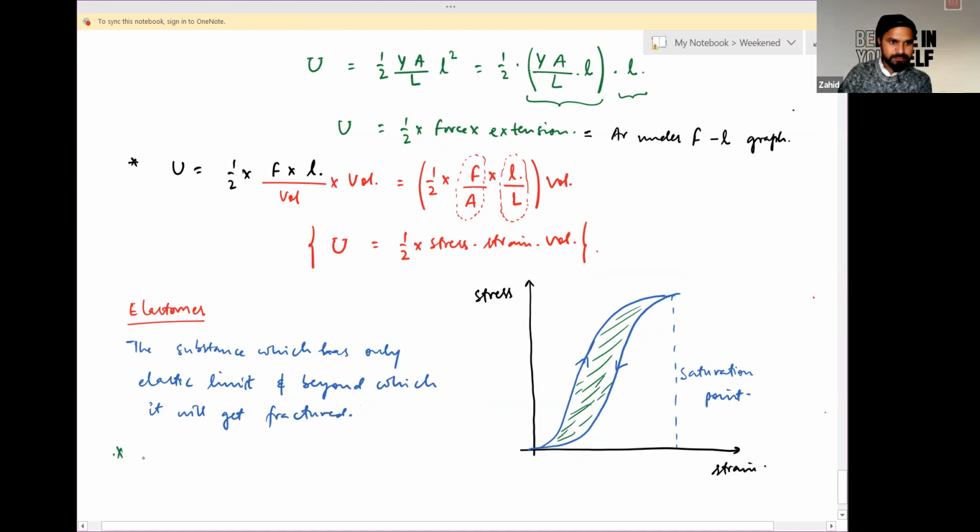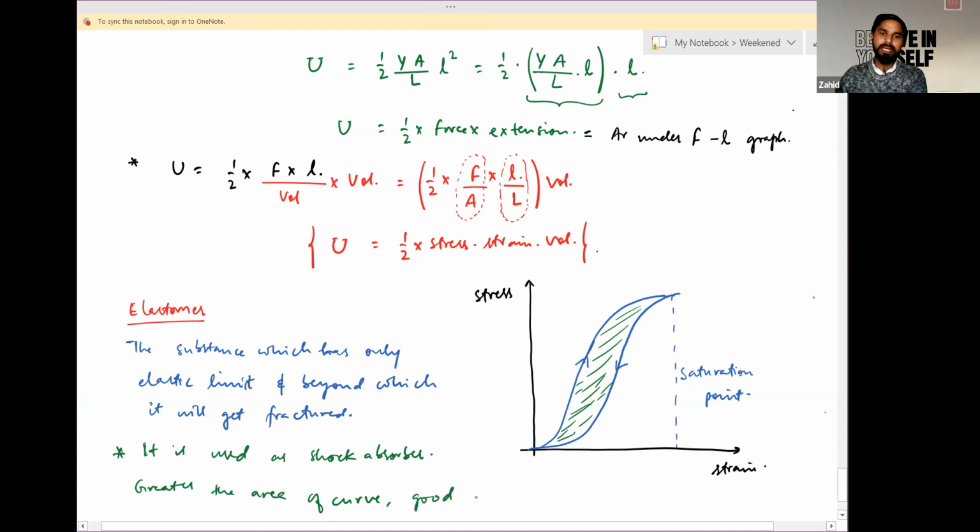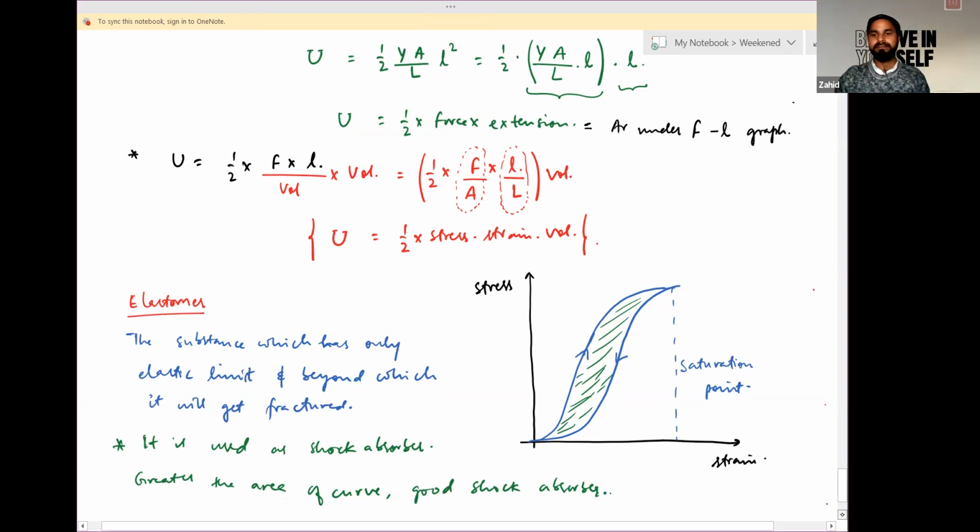So it is used as a shock absorber, and the greater the area of the curve, the better the shock absorber. Is it clear? Yes, sir.